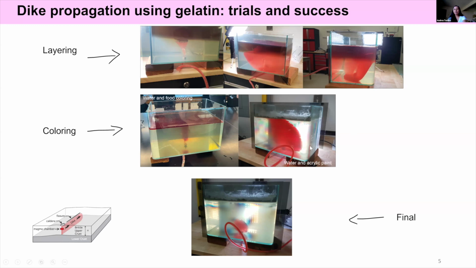We also decided to add two polarized sheets because they create these very beautiful rainbow colors due to the stresses of the gelatin as it is pushed towards the surface. And it also tells us where the forces are acting inside the gelatin.